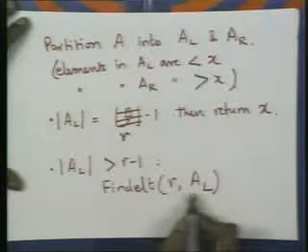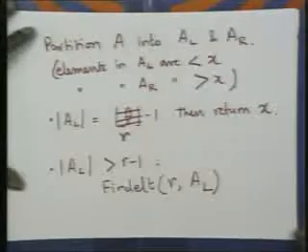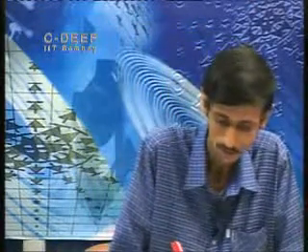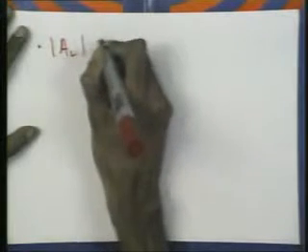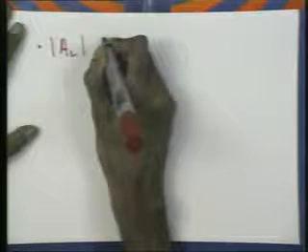An element of rank R in AL will also be an element of rank R in A. That's easy to see. And the last case is when the size of AL is small, that is, smaller than R minus 1.